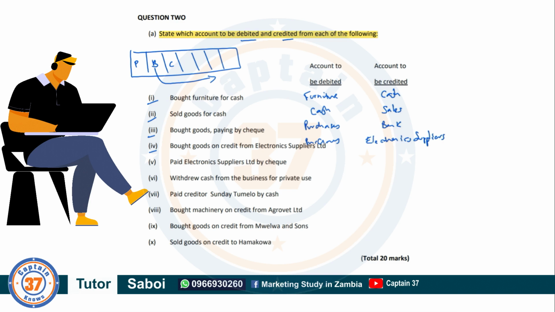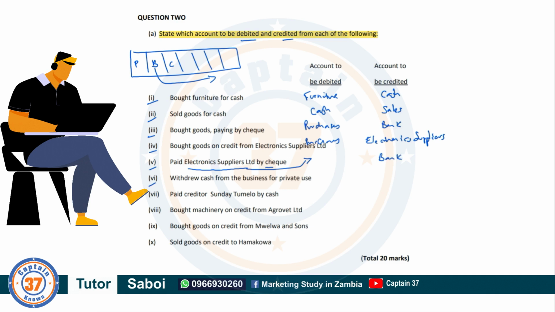Okay. Number 5, paid electronic suppliers by check. Who received in this particular case? The one who received is electronic suppliers. So this is the one that's going to be debited. You write the name in full there. And they received their payment using check. So bank on this side.